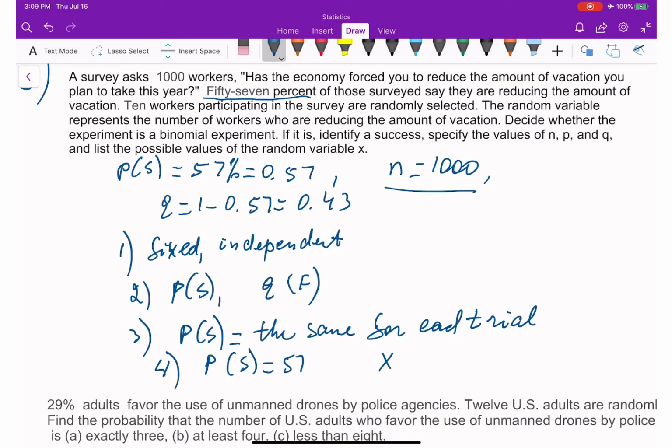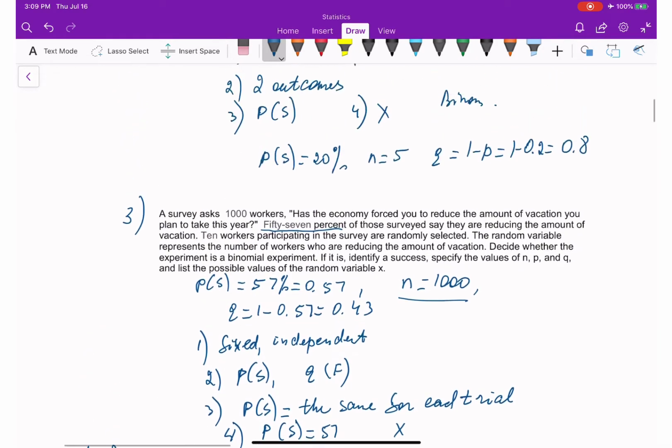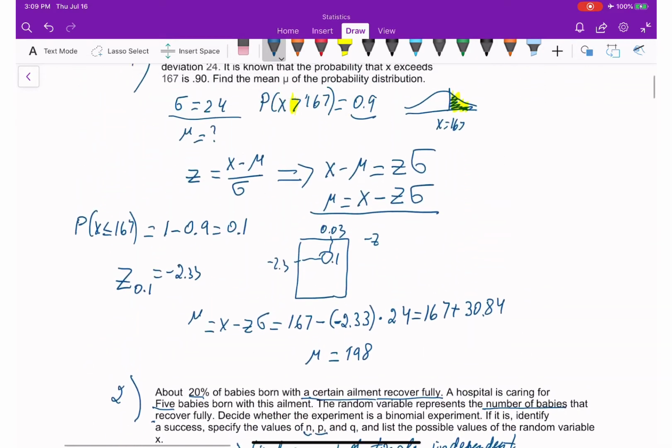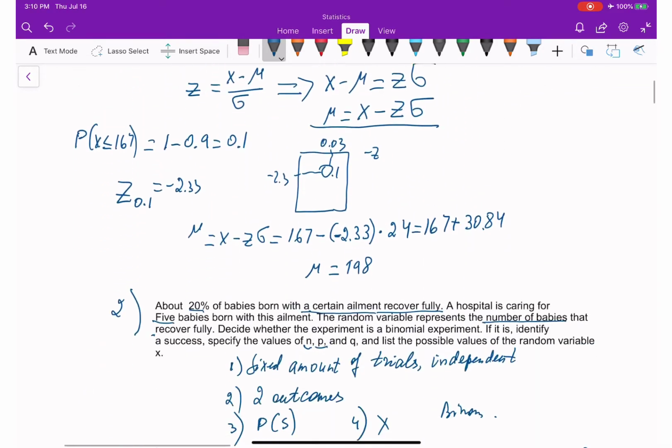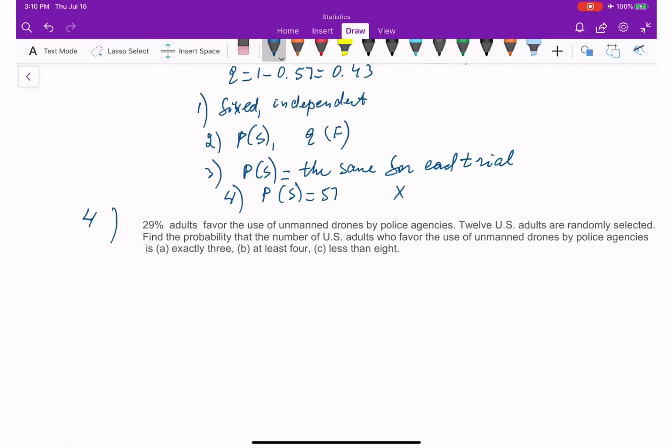We have to do a calculation, but we have a steady probability of successful trials from one trial to another. So it is a binomial distribution. By the way, this is question 1, question 2, question 3. Let's move to question 4. Okay, let's see what we have here.